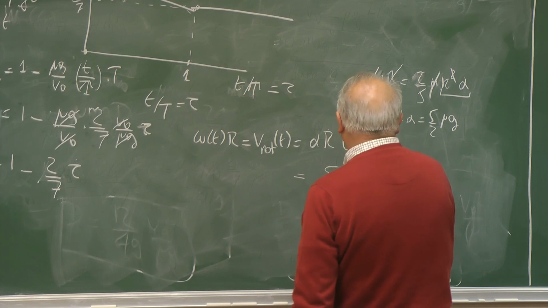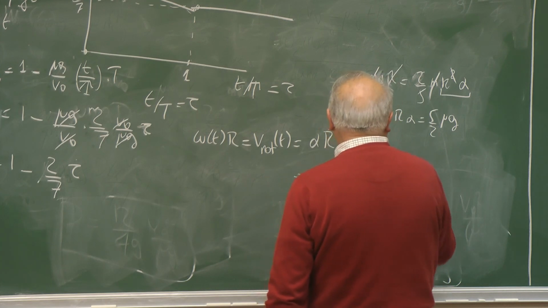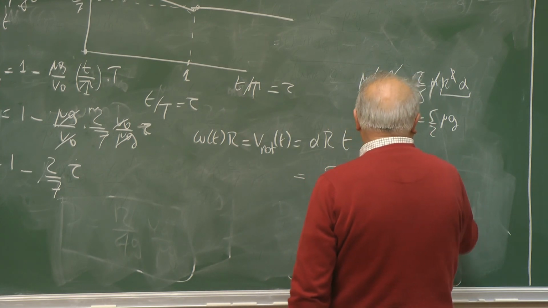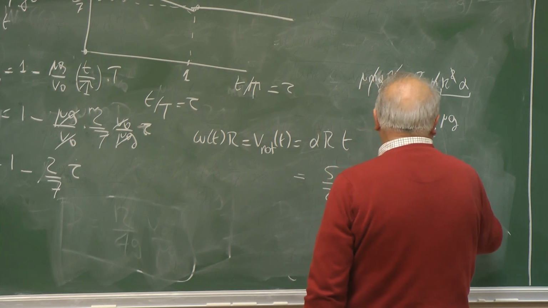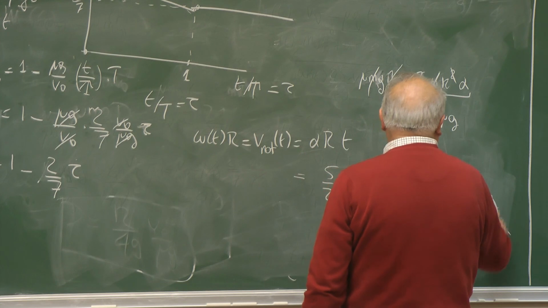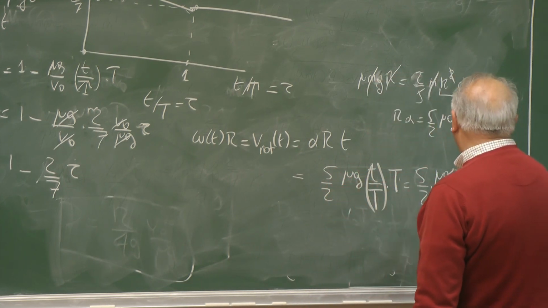T again, t over t times t. This is just tau. So it is 5 over 2 mu g. This is 2 over 7 V0 over mu g times tau. Mu g is cancelled.